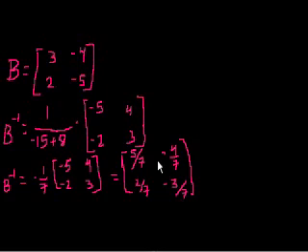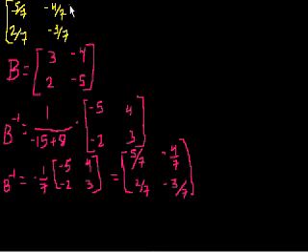So let me switch colors. So B inverse is 5/7, if I haven't made any careless mistakes, minus 4/7, 2/7, minus 3/7. That's B inverse, and let me multiply that by B.